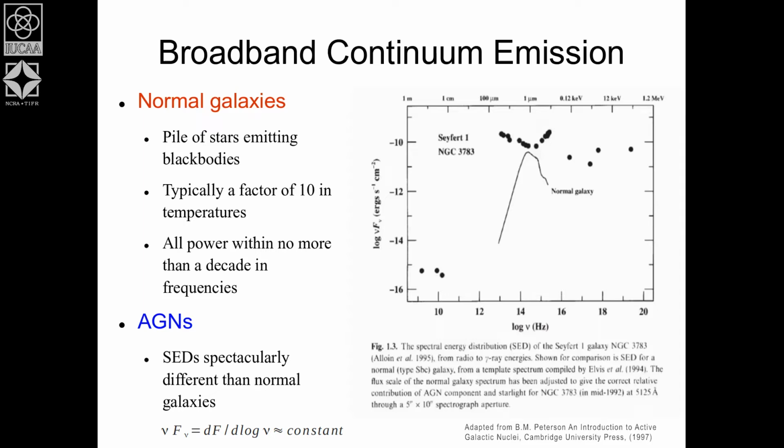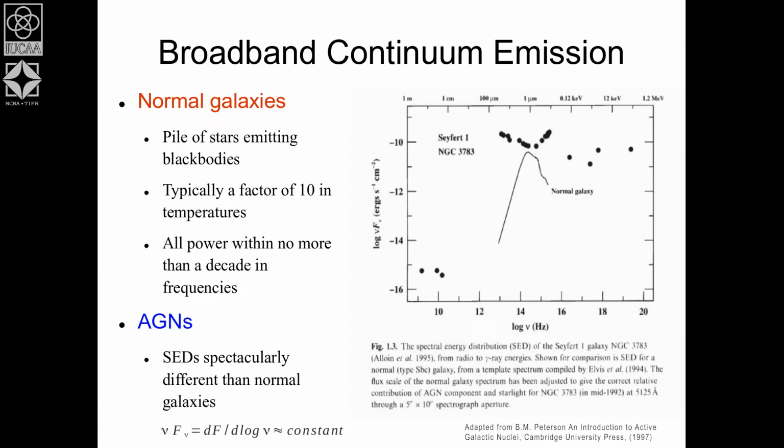What is the reason? Because the emission from normal galaxies is from stars. And of course there will be low mass stars and high mass stars. Roughly the temperature of the lowest mass stars will be 2000, maybe 3000 Kelvin or something like that, while the hottest stars will have something like 30,000 or 40,000 Kelvin.